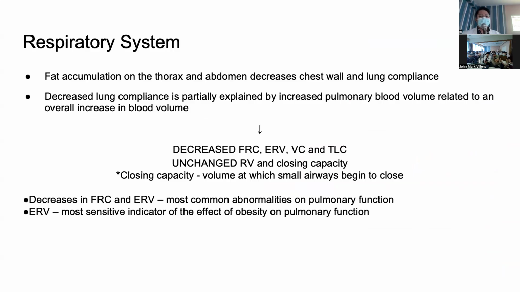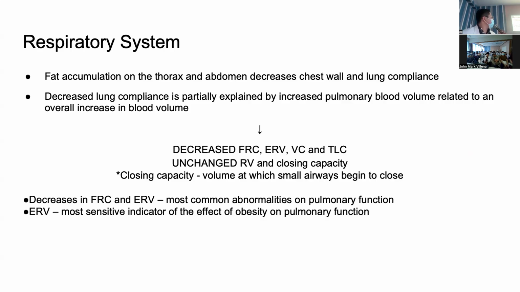For the respiratory system, fat accumulation in the thorax and abdomen decreases chest wall and lung compliance. Decreased lung compliance is partially because of increased pulmonary blood volume related to an overall increase in blood volume. So there is decreased FRC, functional residual capacity, expiratory reserve volume, vital capacity, and total lung capacity.